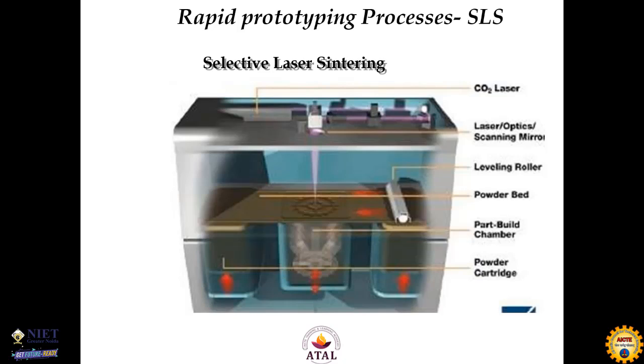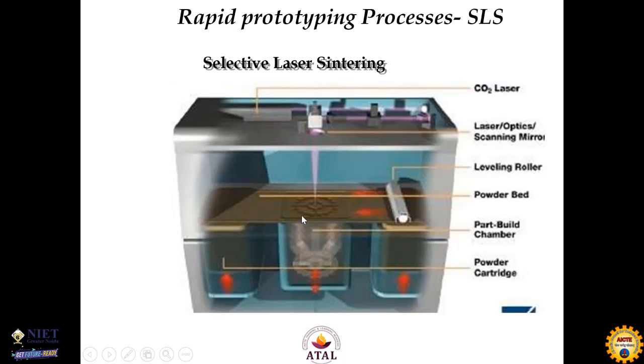This technology is very useful and led to metal 3D printing as well. There is a bed, called the powder bed. A metal powder is spread on that bed. There is a printer-like powder cartridge available here. The powder is spread on this powder bed.